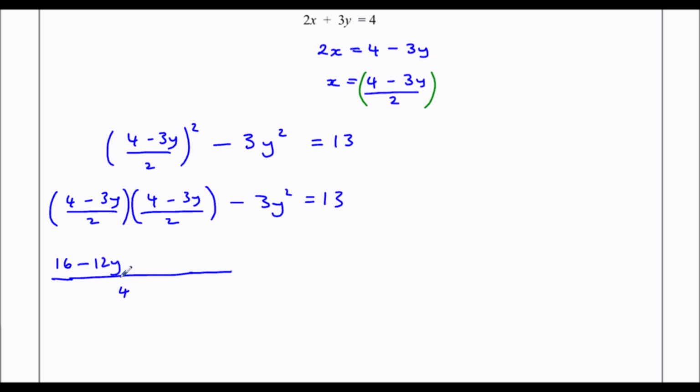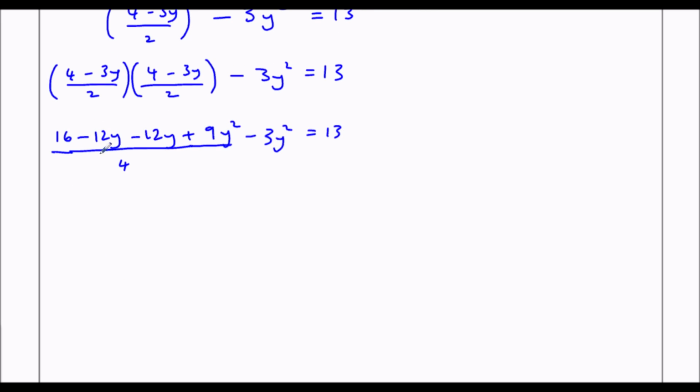Negative 3y times 4 is negative 12y again. And a negative times a negative is a positive, so 3y times 3y is 9y squared. I'm going to collect those like terms. So I've got minus 12y minus 12y, so minus 24y.